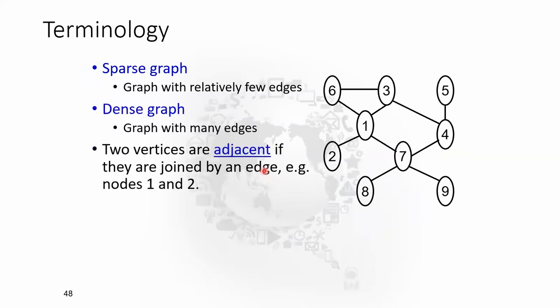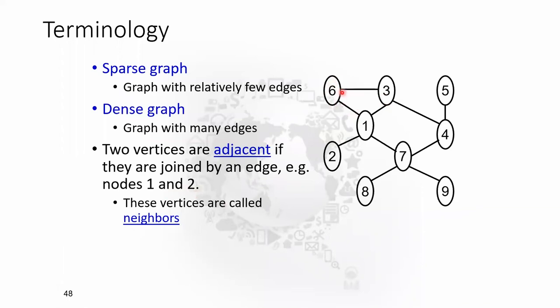There are sparse graphs and dense graphs. A sparse graph is a graph with relatively few edges, and a dense graph is a graph with many edges. Two vertices are adjacent if they are joined by an edge, such as node 1 and 2. Let's say here, this is 6.